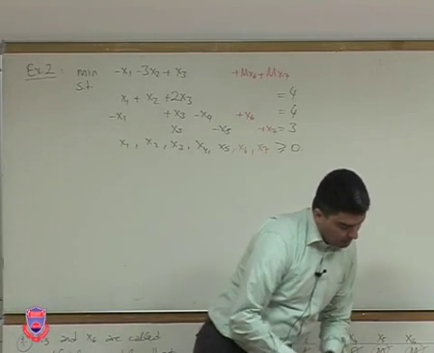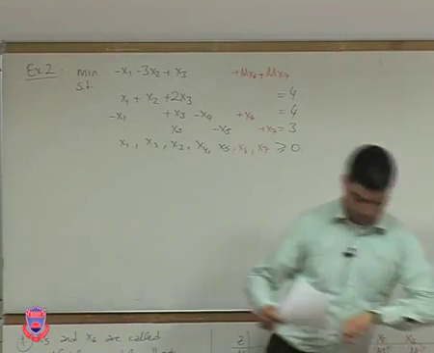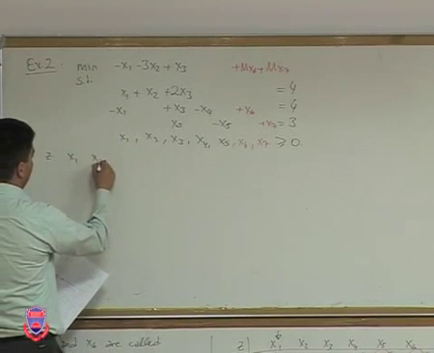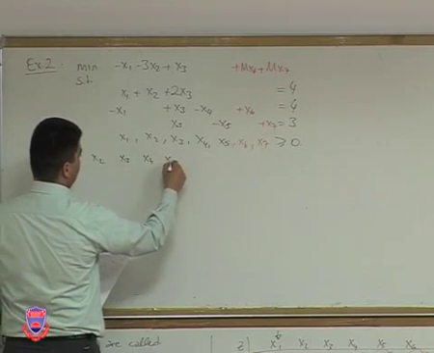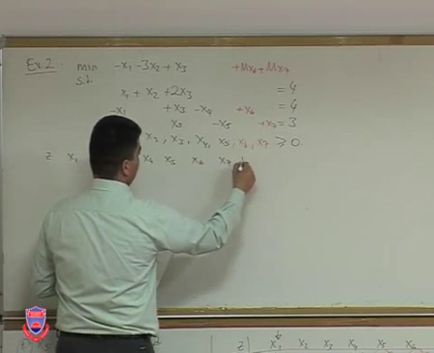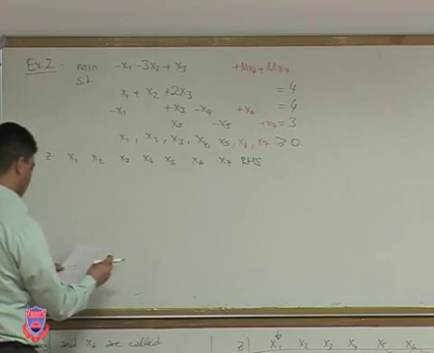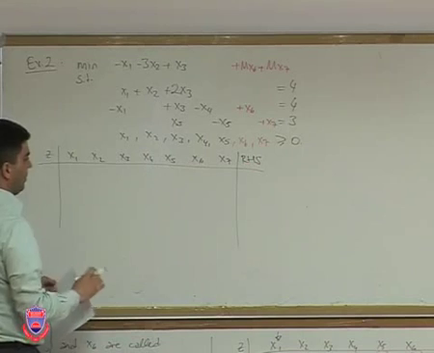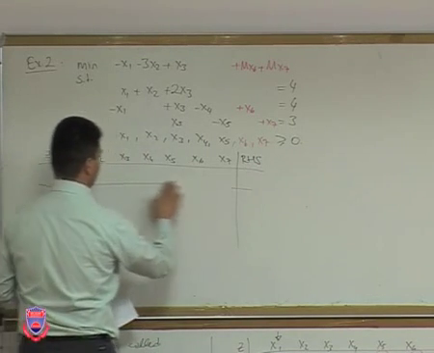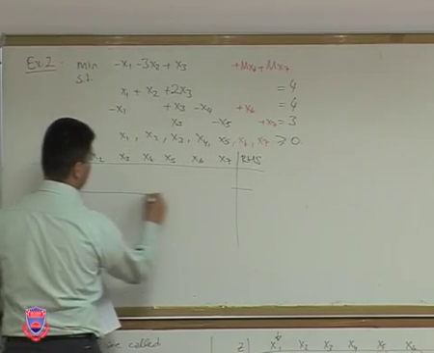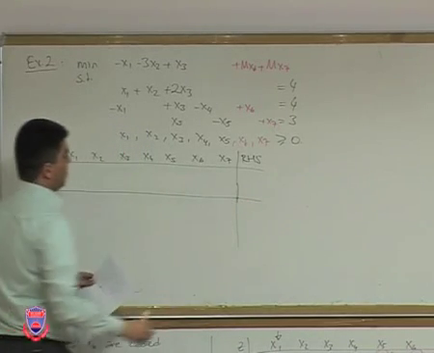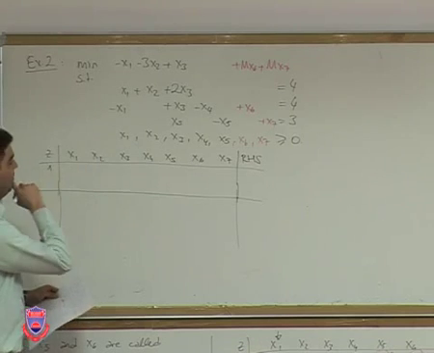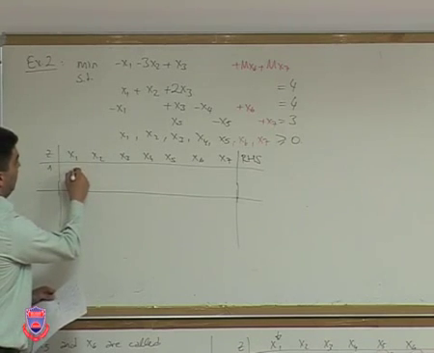So let's set up the simplex tableau again. Let me start with row 0. I have 1. Then what are the coefficients for row 0?